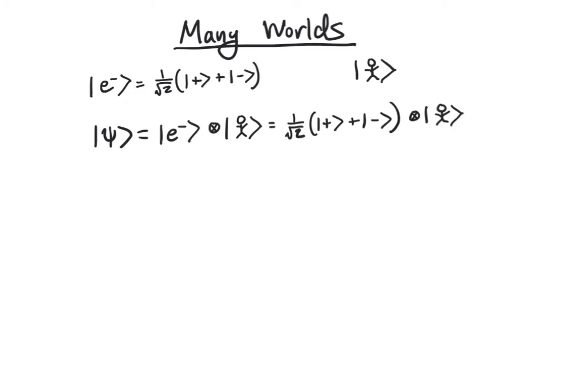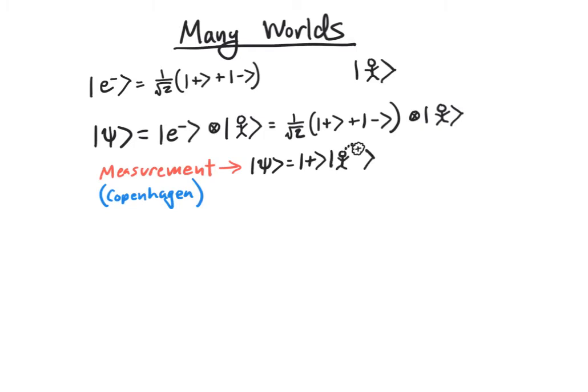In the Copenhagen interpretation, what I've been teaching you, if you perform a measurement on the state of the electron, you will collapse the wave function into one of these two possible outcomes, into one of the eigenstates of your measurement. In this case, the wave function would collapse either into the combination of a spin-up electron with you with the memory that the electron was spin up, or it would collapse into the electron having spin down and you with the memory of the electron being spin down.